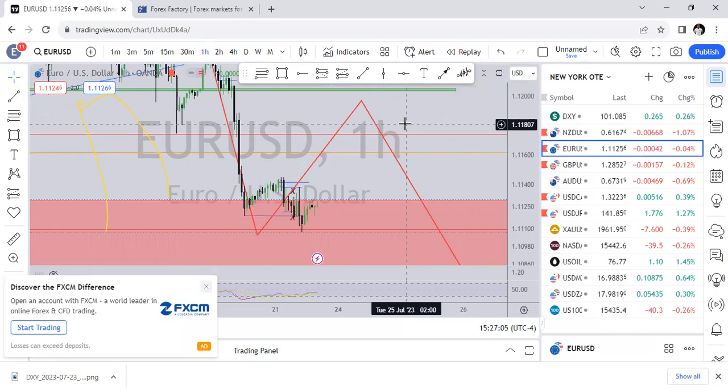The only reason why I usually look at it is that I know it does the opposite of what the pairs carrying it do. So if I know the dollar index is going to sell, I just place in my mind within the week that I am going to buy Euro USD.